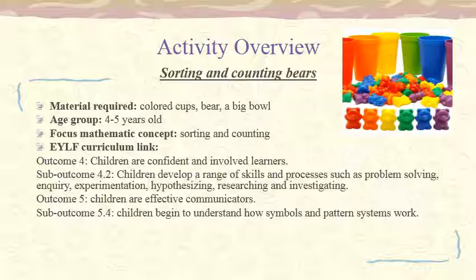The second is number 5: Children are effective communicators, followed by sub-number 5.4: Children begin to understand how symbols and patterns systems work. For that, the children lead the lesson to be independent by discovering their own numeracy, conception of recognition, categorizing, and practice.